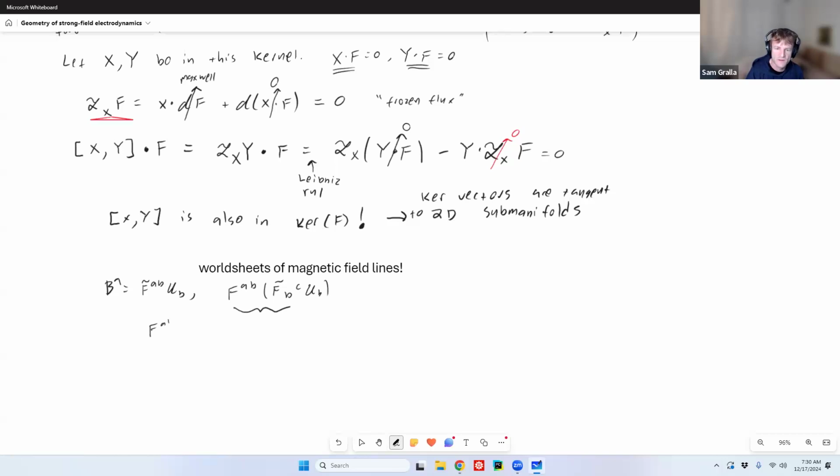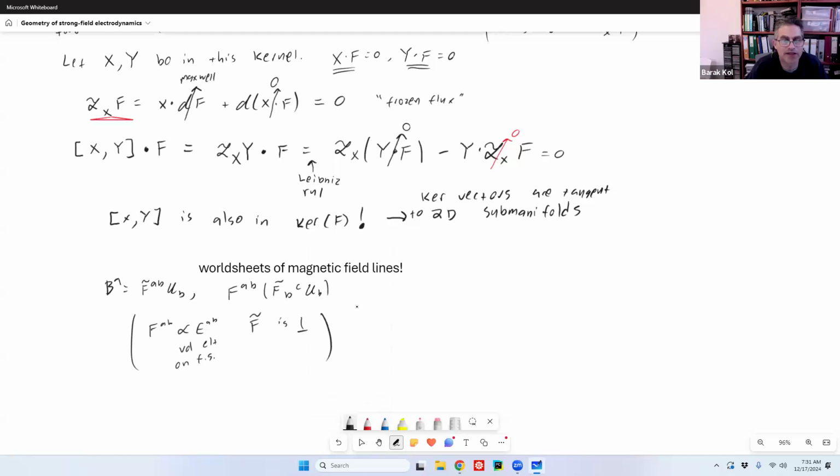Basically, this F is proportional to a volume element on the field sheet, and this F tilde is perpendicular. So I didn't show that. That's disappointing. I was really hoping to give a talk where I literally showed everything. If any of you notices a quick argument where I can prove this, let me know.